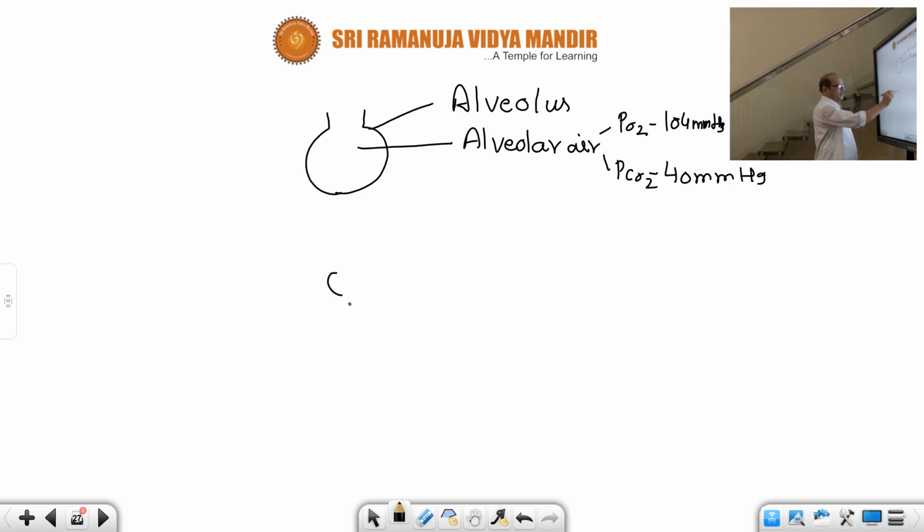So here the heart is there, heart lies here at this junction. From this one blood vessel comes and enters into the left atrium. This is pulmonary vein.